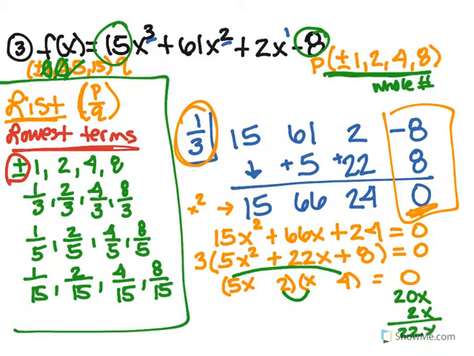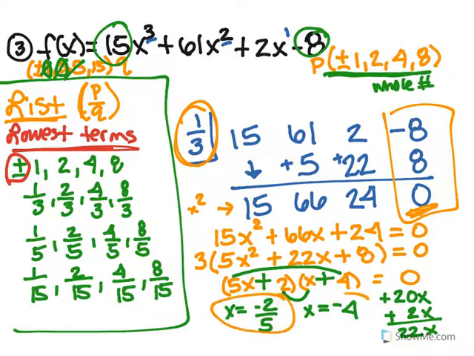And that will add up and give us 22. And they're both positive. Okay? So if you set each parenthesis to 0, you would see that x would equal negative 2/5 and x equals negative 4. So these are my other two answers.